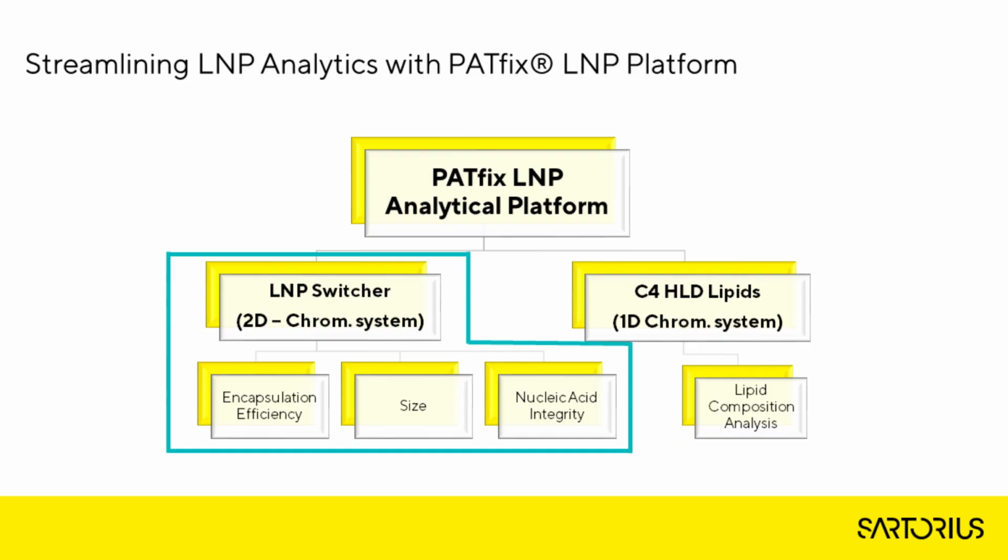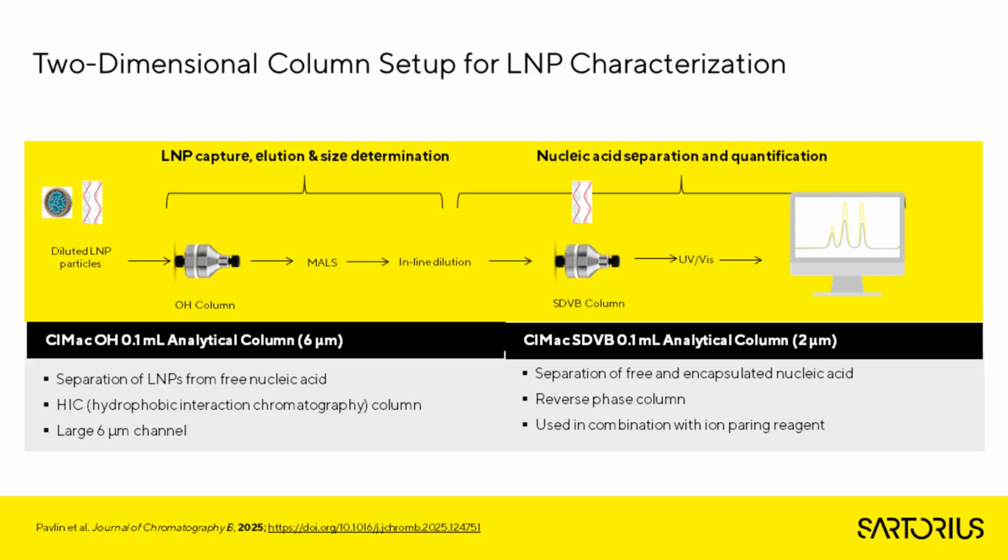My webinar today will focus on LNP Switcher, and we will go through all these parameters, and I will show you how this machine is used and which data you can obtain from your LNP formulation.